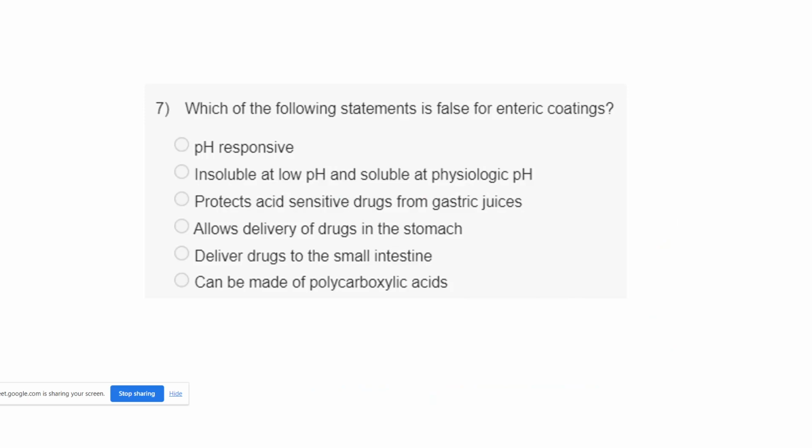Okay, here is the seventh question. Which of the following statements is false for enteric coatings? pH responsive, insoluble at low pH, insoluble at physiologic pH, protects acid sensitive drugs from gastric juices, allows delivery of drugs in the stomach, delivers drugs to the small intestine, can be made of polycarboxylic acids. Fourth option, ma'am.